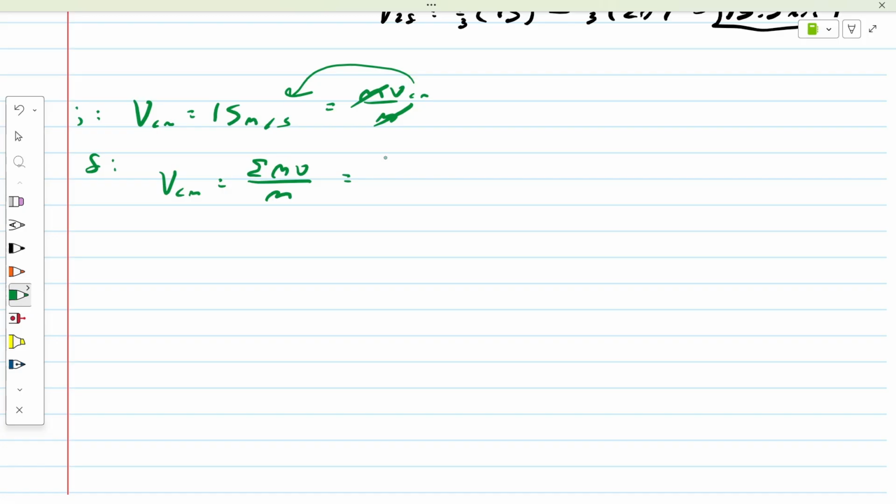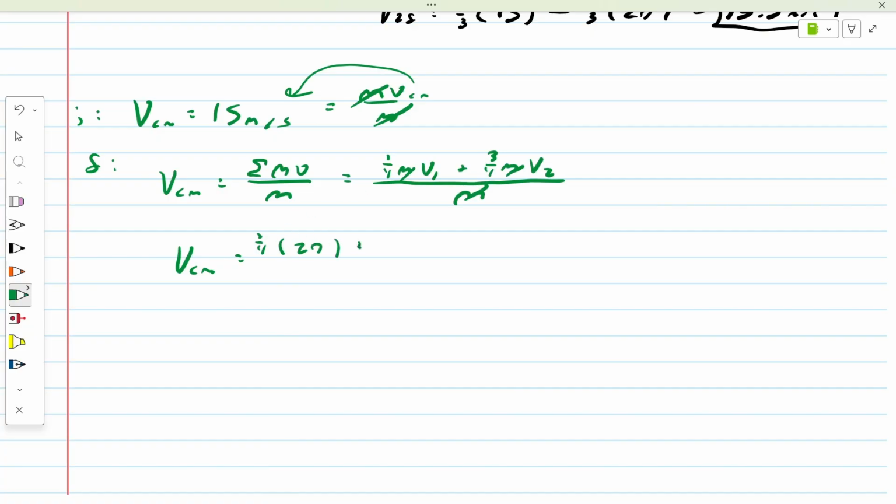So we have the 1/4 m v1 plus the 3/4 m v2 divided by the total m, which is just going to be m. And so now these masses end up canceling, and we can plug in the values we solved for. And if we did the first question correctly, we should get the same velocity.